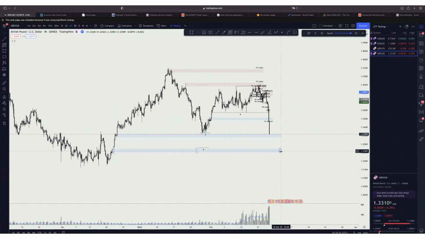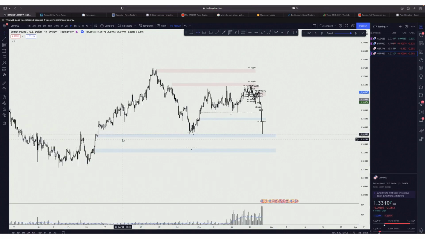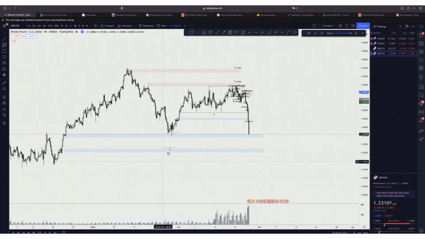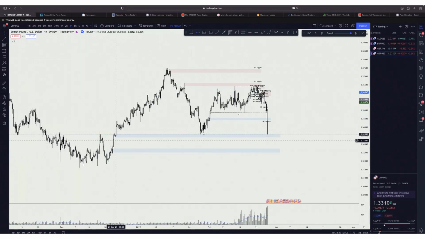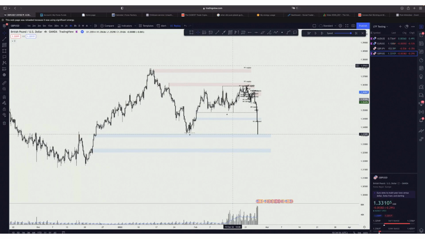I would mark that one. So these would be my two 4-hour demand areas. Both good, both with a decent leg out, both with inefficiency above. So they'd be my areas on this time frame.